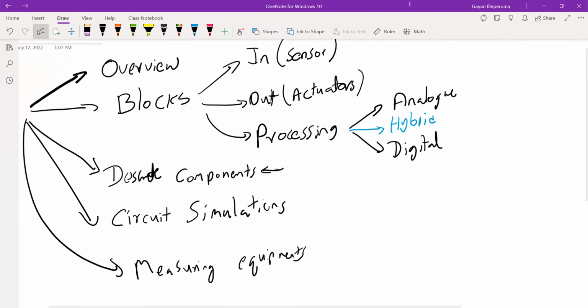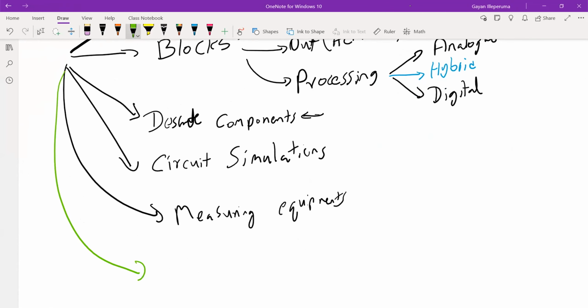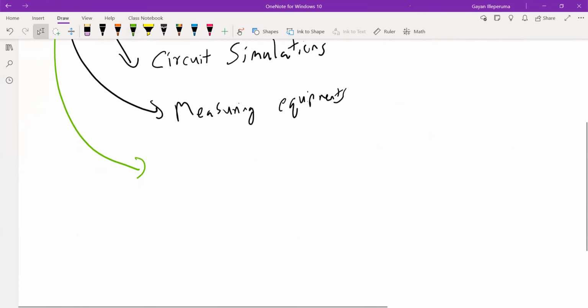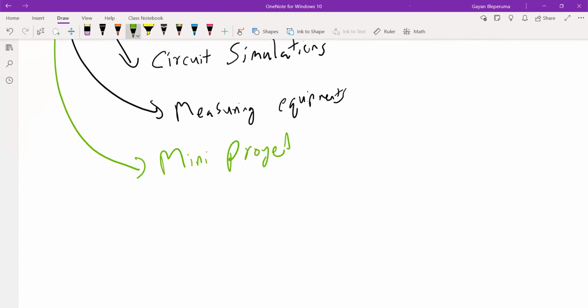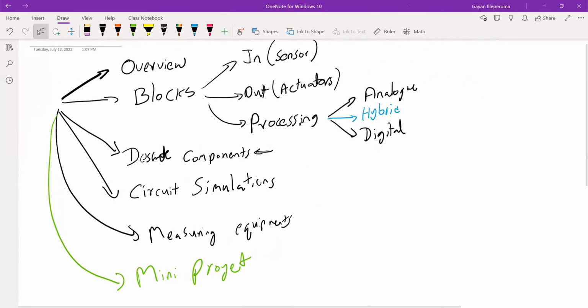So these are the main components I plan to teach you in this course. There's one extra component that I'm not planning but letting you learn. That is a small mini project. Years ago, we had students building them physically, but given the current situation in the country, I'm not sure whether we will be able to ask you to actually build it.